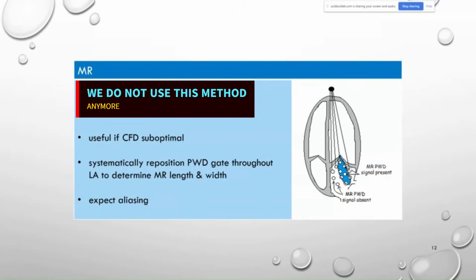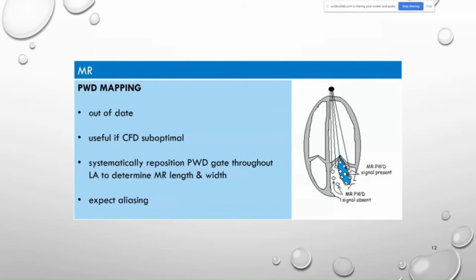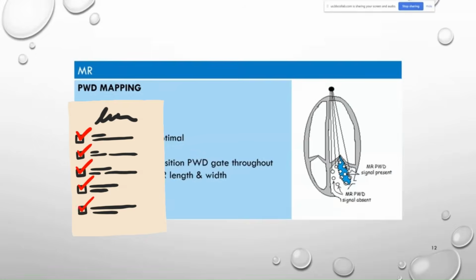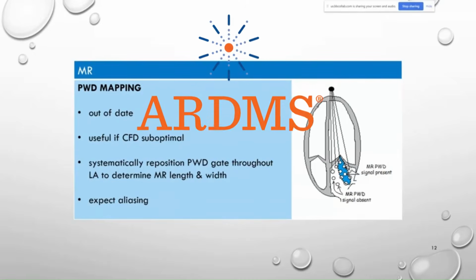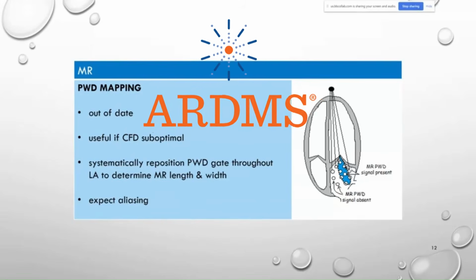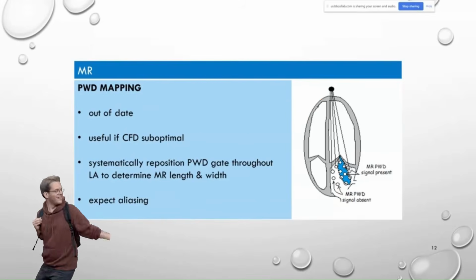It would be to avoid range ambiguity, meaning us not knowing how bad the regurg is. And we do this if we ever need precise sample volume to tell you exactly where the velocity is coming from. Unfortunately, because this is pulse wave, aliasing can occur if the velocity is more than half of that pulse repetition frequency. You'll learn all that when you start studying for your SPI.